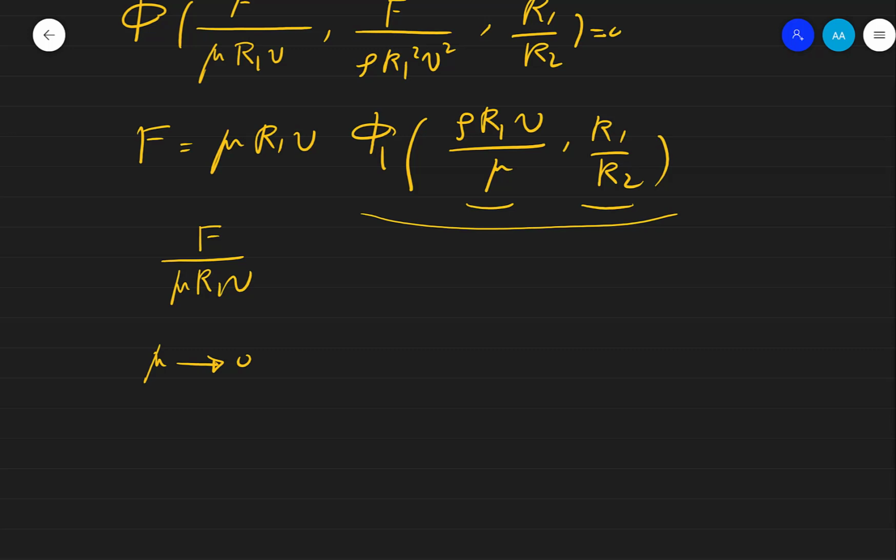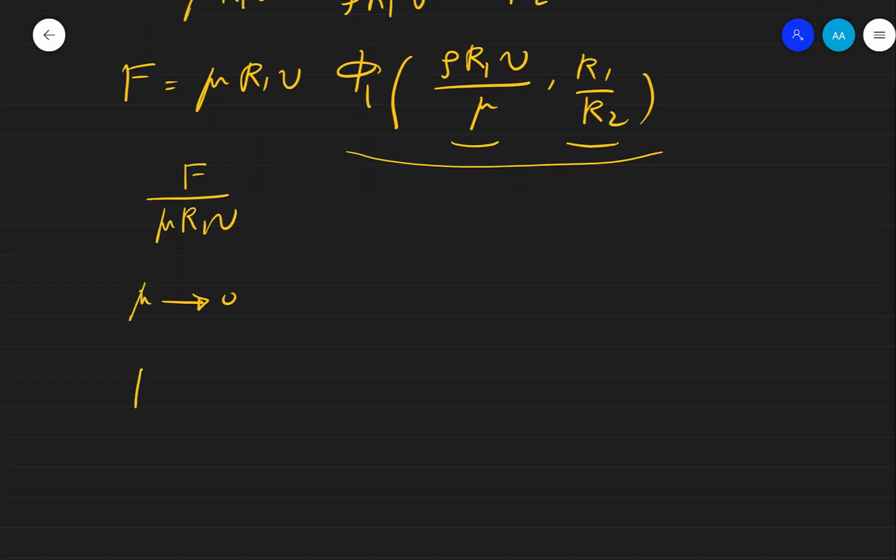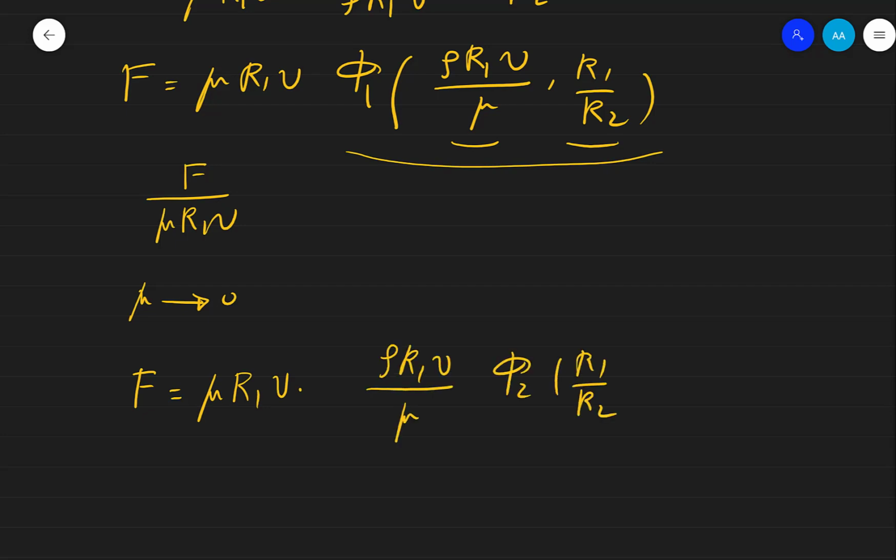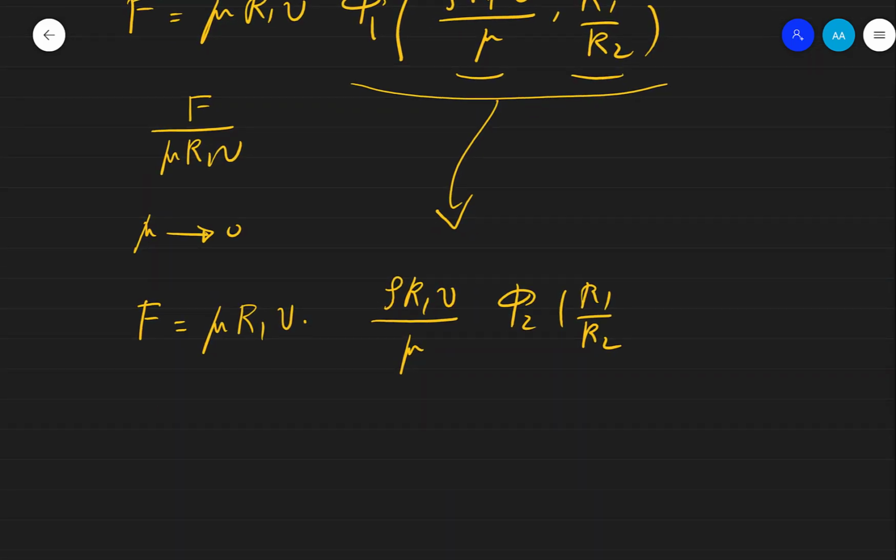Then it means that the dependence of phi1 on Reynolds number should be a linear function. Then F is, I have written this as a linear function of its first argument. Then viscosity will be removed, and the force is rho R squared V squared.